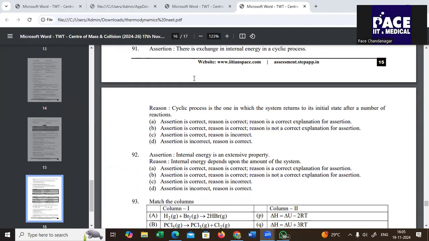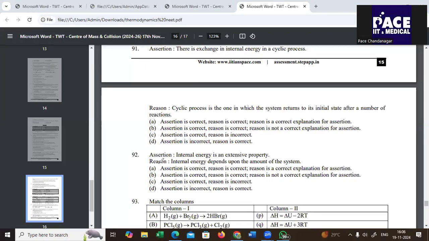Yes, definitely, reason is also a correct explanation, because that's the reason your internal energy is changed, but your state variables do not change. There is a change in internal energy. The path variables do change. Assertion is correct. Reason is also correct. Option A is right here.